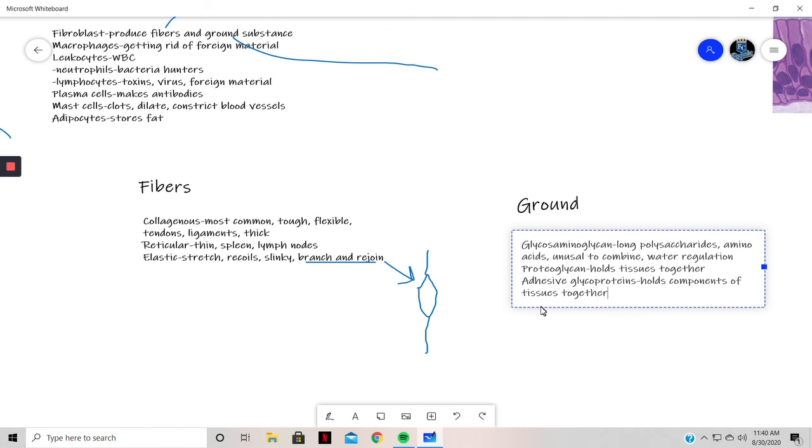So within the tissue, the components of it, so whatever is making it up, the adhesive glycoproteins hold those together. So the proteoglycans hold the layers of tissues together. The adhesive glycoproteins hold components of tissues together.